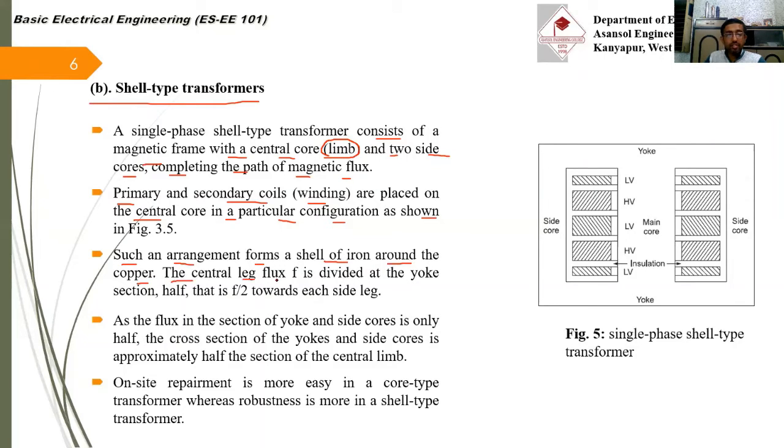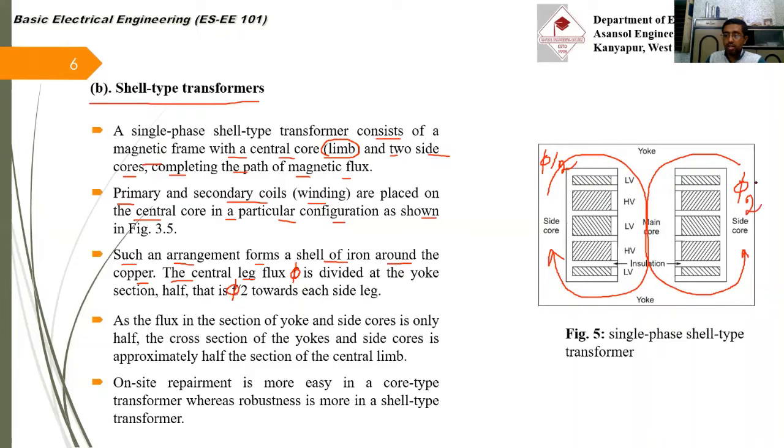Such an arrangement forms the shell of iron around the copper. The central leg flux phi is divided at the yoke, that is phi by 2 towards each leg side. That means like this. This is your phi by 2 and this is the phi by 2.